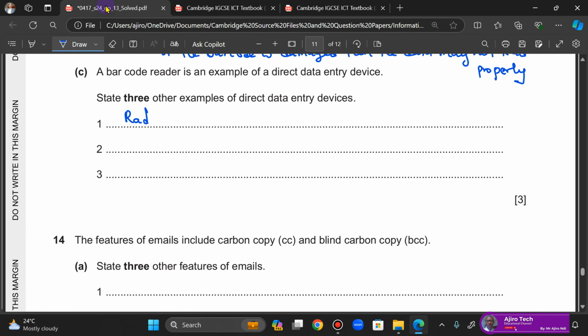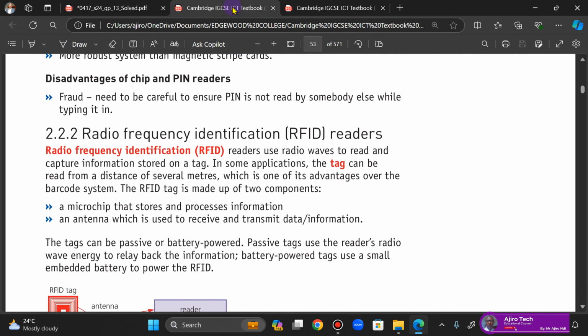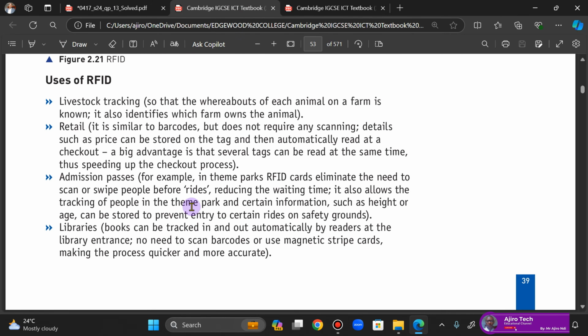Radio frequency identification, which is your RFID reader. What other one here? Let's look at it together.